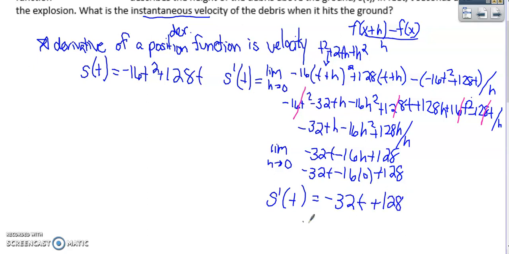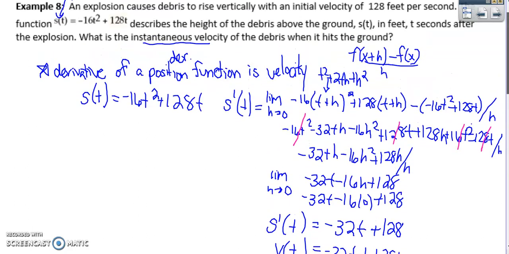And another thing I could call that is a velocity function. Pretty cool. So if you take the derivative of the position function, you get velocity. How fast is that thing traveling? What were we talking about? Debris here. How fast is the debris traveling?